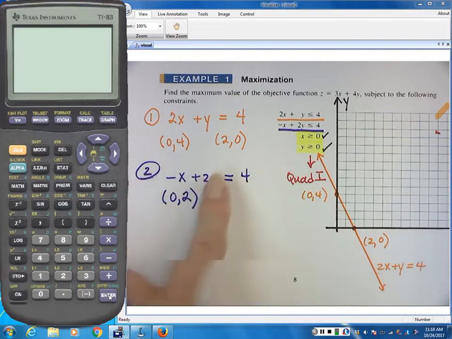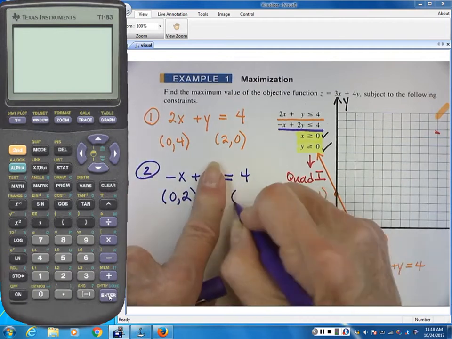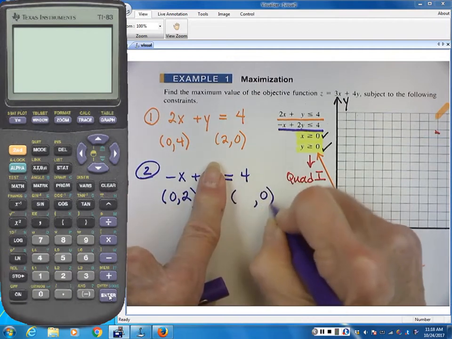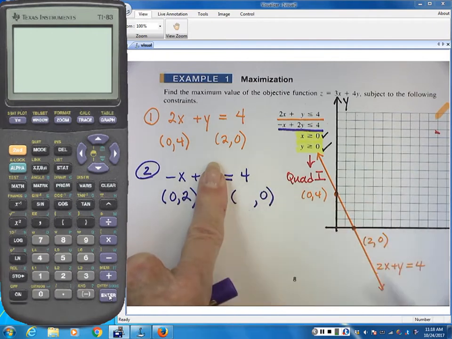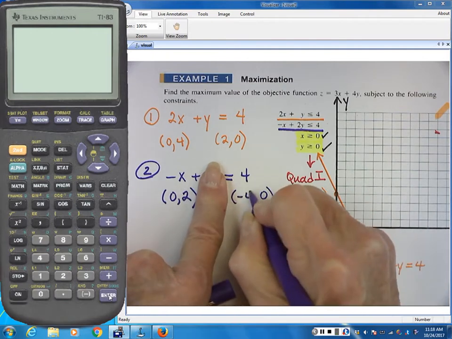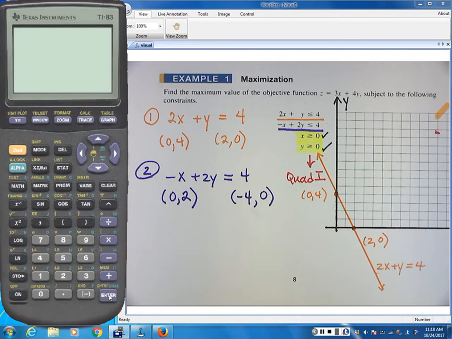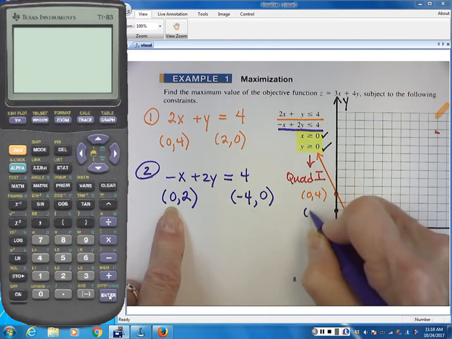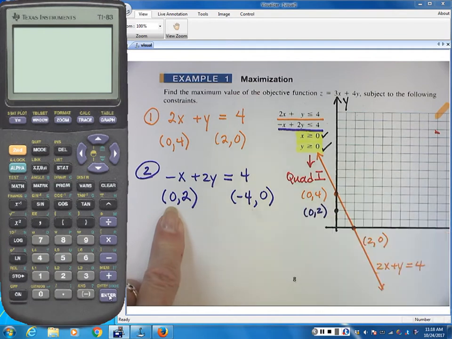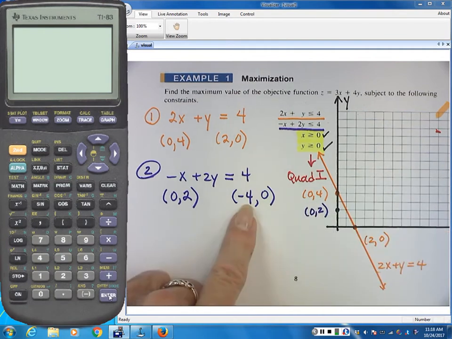And then if I let y be 0, then negative x is equal to 4, which means positive x is equal to negative 4. So I'm going to go 0, 2. Then I have to go negative 4, 0.